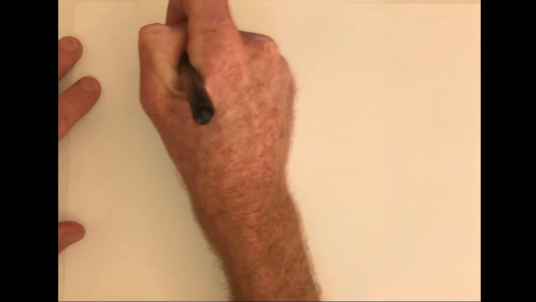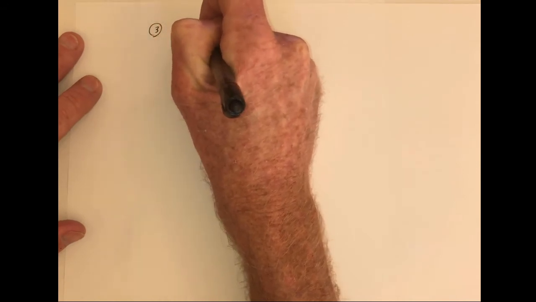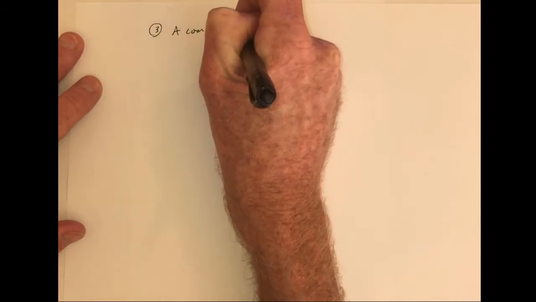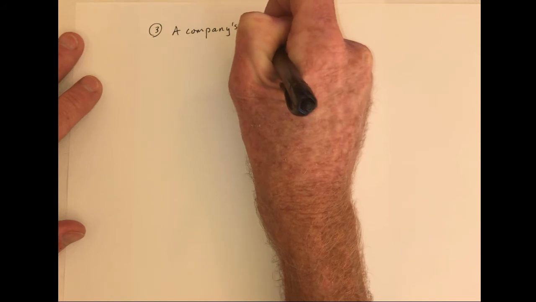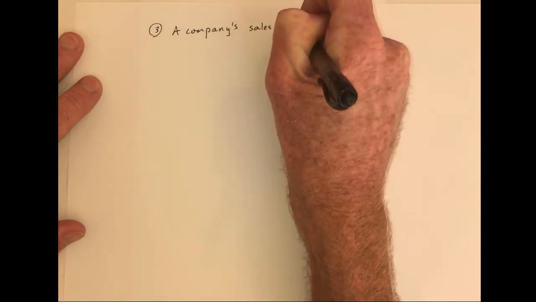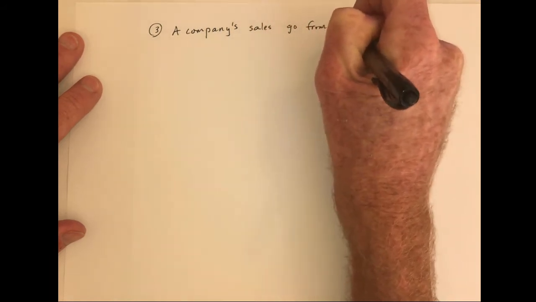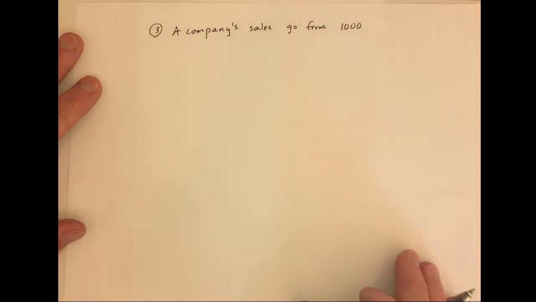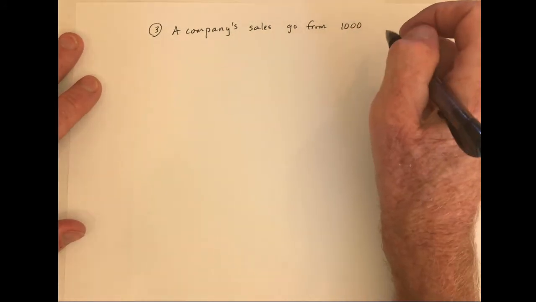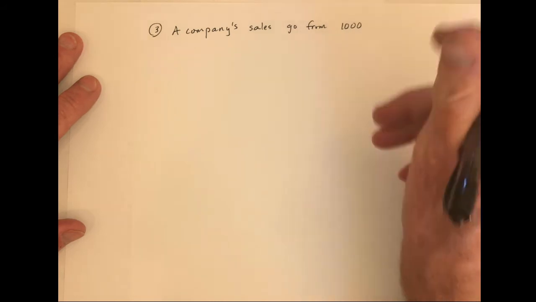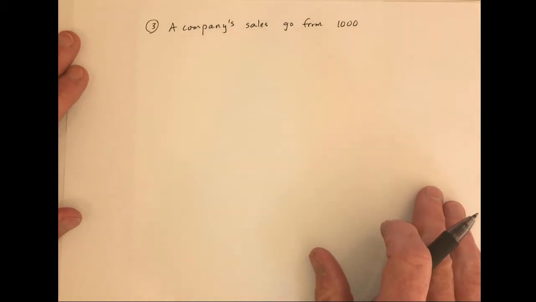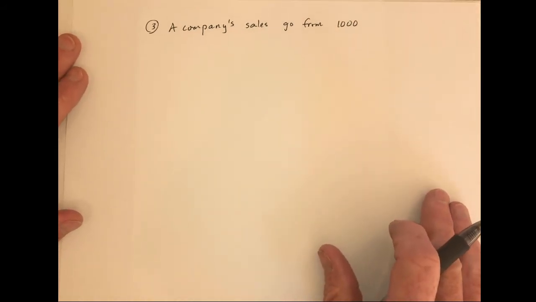Now on to number 3. So this company's sales go from 1,000, whatever they are, snowboards, bicycles, iPhones.